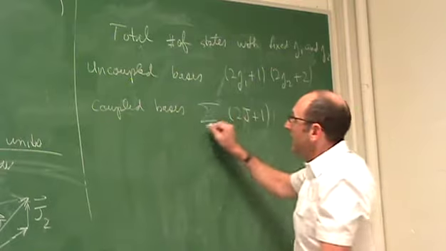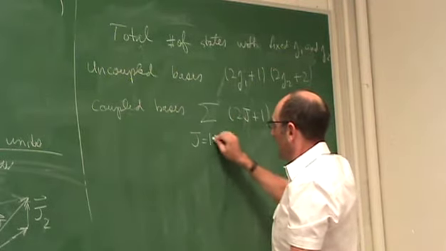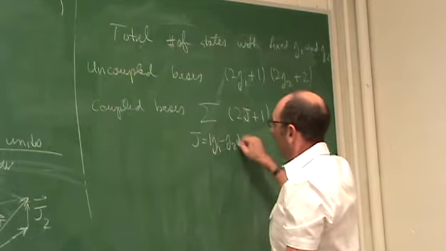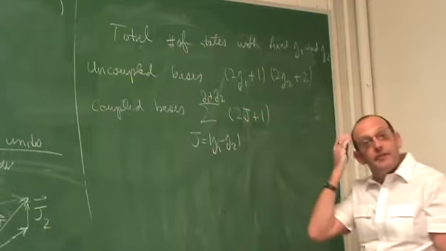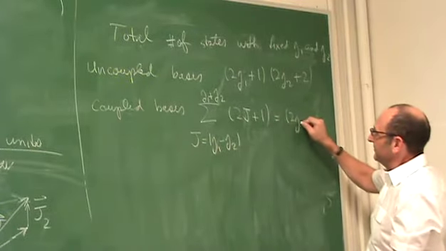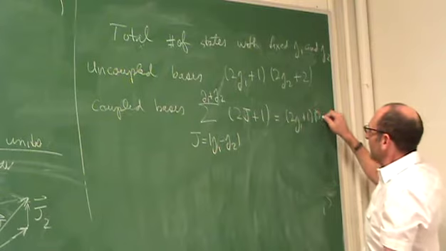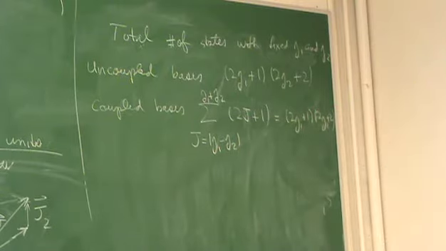And then J goes from its minimum to its maximum value, and of course the totals have to be the same. It's the same subspace, just two different bases. So the dimension of the Hilbert space is the same, no matter what representation I'm using. It's just how I label those basis vectors and what they are.